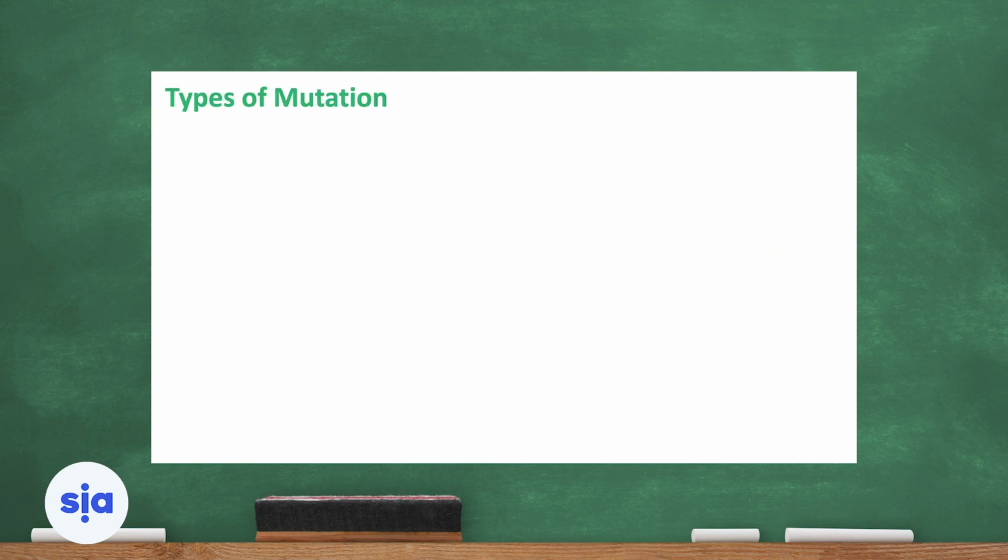What are the types of mutation? You remember the nitrogenous bases of the DNA, the cytosine, the thymine, the adenine, the guanine. This is the normal sequence. If this is the normal sequence, so no mutation.